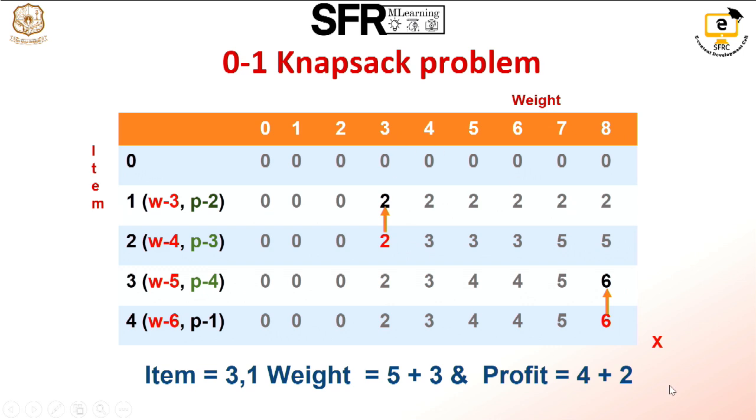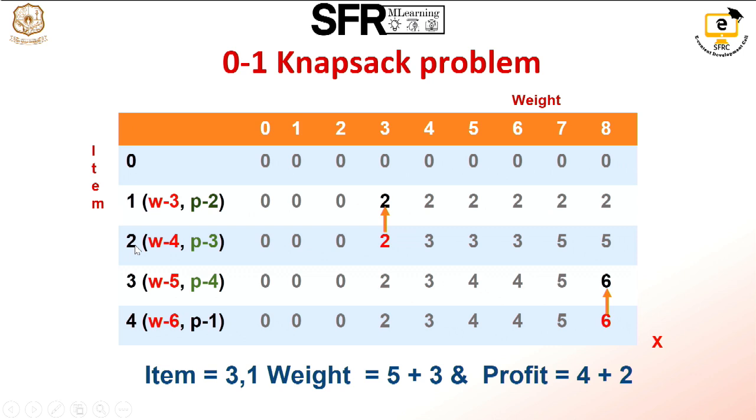So now choose the third item. Move on to the second item here. The third item's weight is 5, so you have to go back to the 5 column. So 1 2 3 4 5, 2, which is also derived from the previous one.